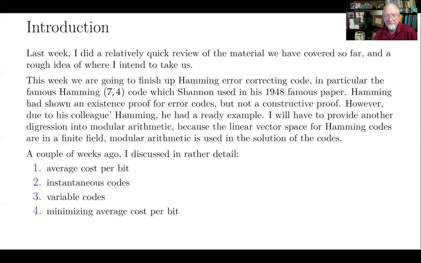So in addition to proving that it could be so, there was at least one code at the time that existed that worked. And we're going to deal with that one in pretty much detail this week.